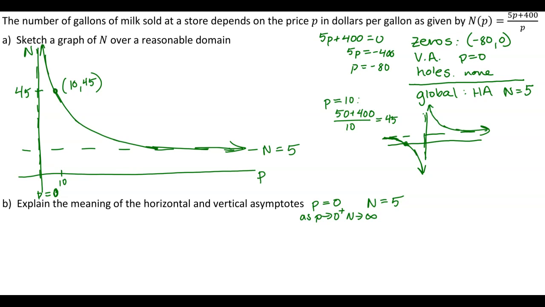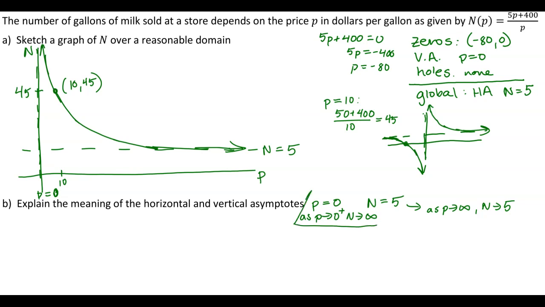We're not interested in the left-hand side of that asymptote because it falls outside of our reasonable domain. We don't want to look at negative prices. And this n equals 5 really means as p gets very, very big, n is going to get really close to 5. And I think it will matter a little bit for our thinking that we're approaching 5 from above. So the number of gallons is dropping to 5.